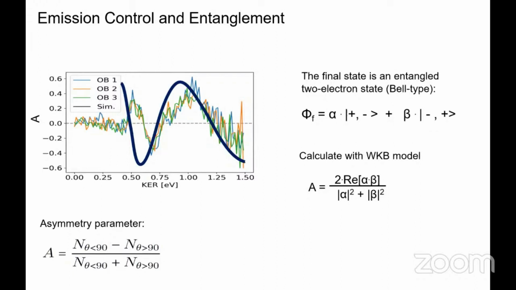So we indeed create this type of state in the final state, which is an entangled state. We have these two-particle states, and we cannot say where we are. For alpha and beta equal to 1, this would be a kind of Bell state.